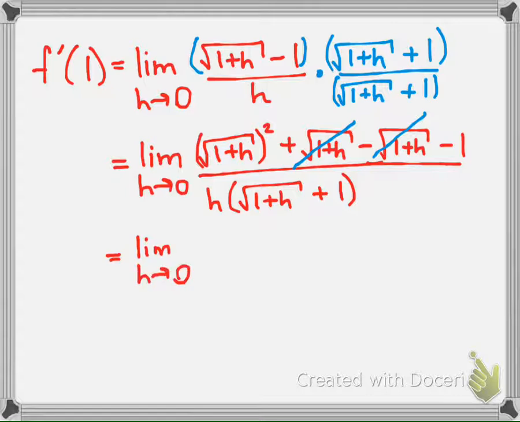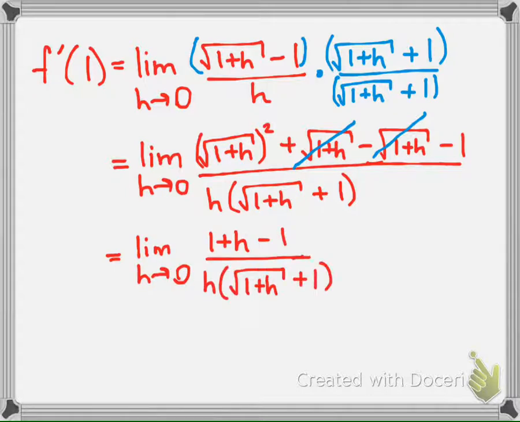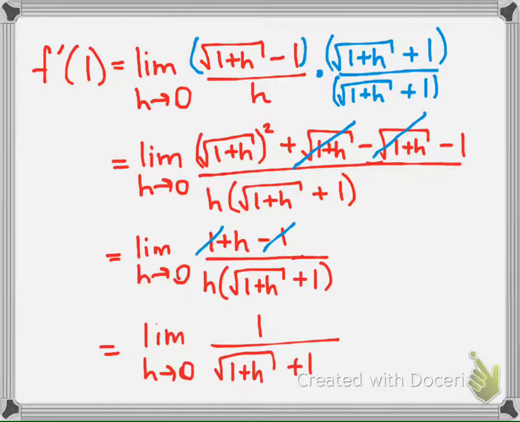So we get the limit as h goes to 0 of 1 plus h minus 1. And then you see our 1's cancel. And we get the limit as h goes to 0 of 1 over square root of 1 plus h plus 1, because these h's also canceled after our 1's canceled, the factors canceled.